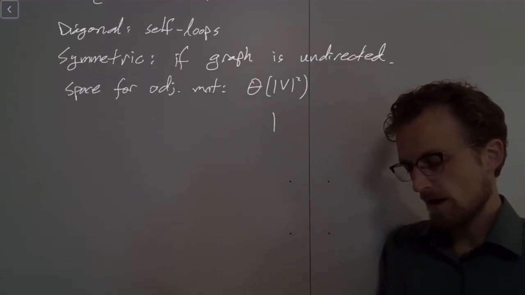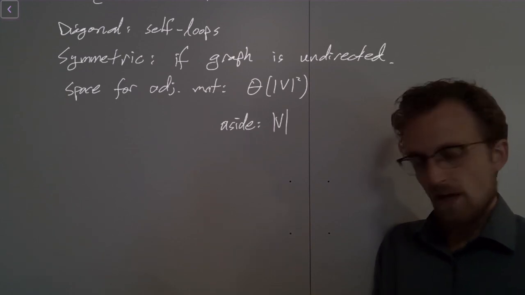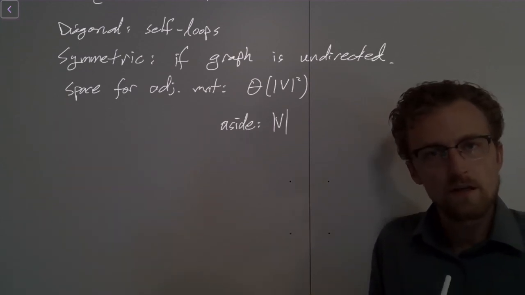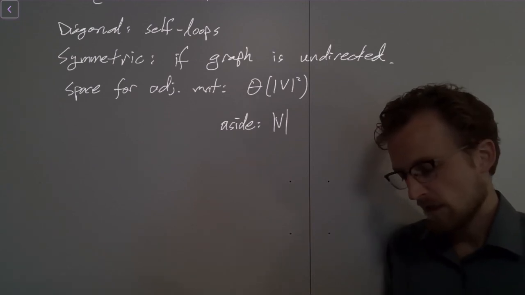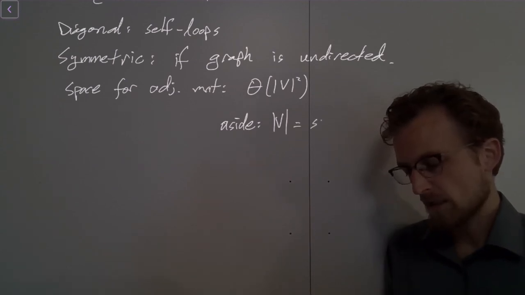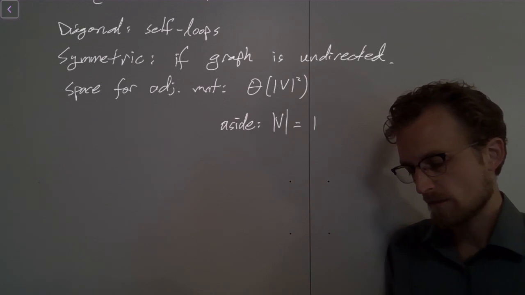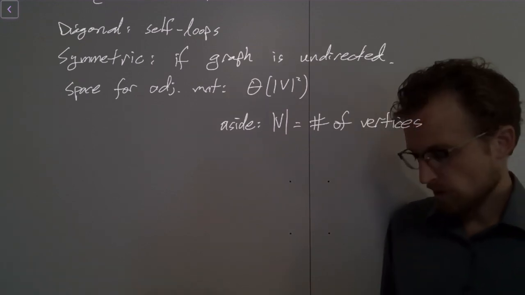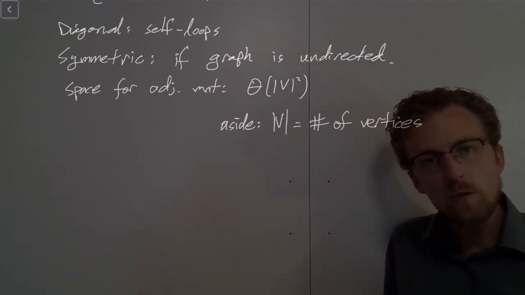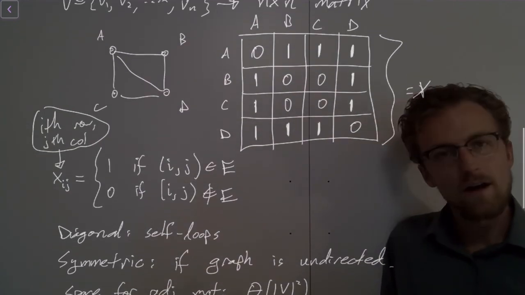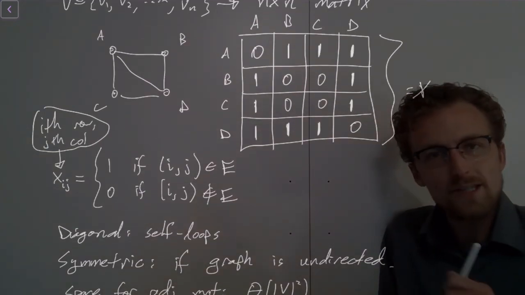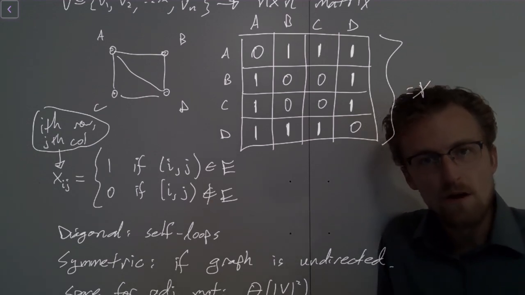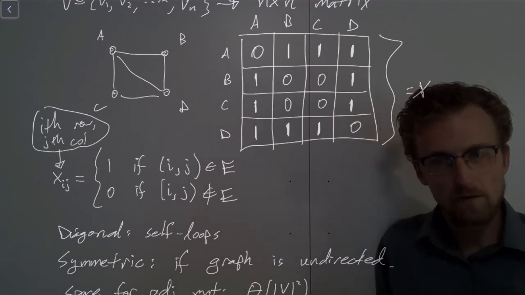As an aside, if I write this with the vertical bars on the outside of the V set, this means the size of the vertex set, or I should say the number of vertices. It's proportional to the size of the vertex set squared because I require a spot for either a 1 or a 0 for every possible pair of vertices.